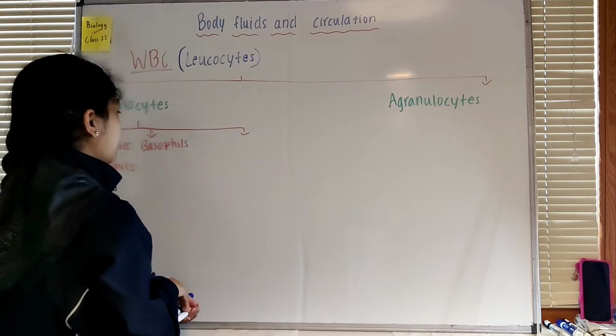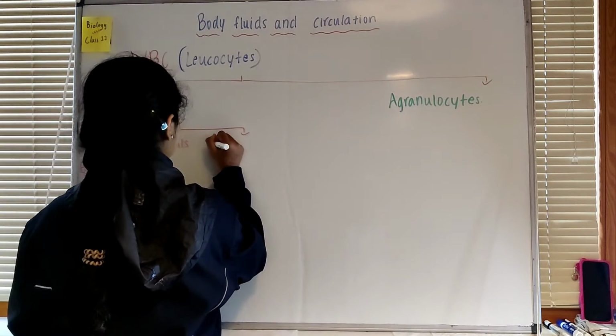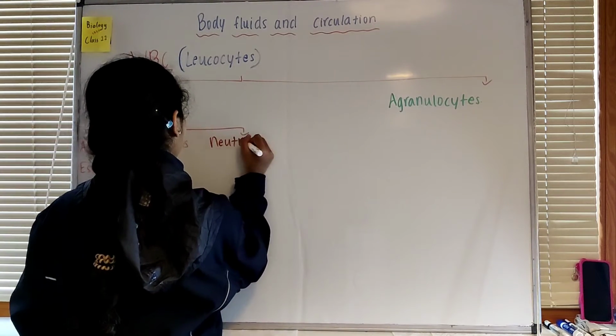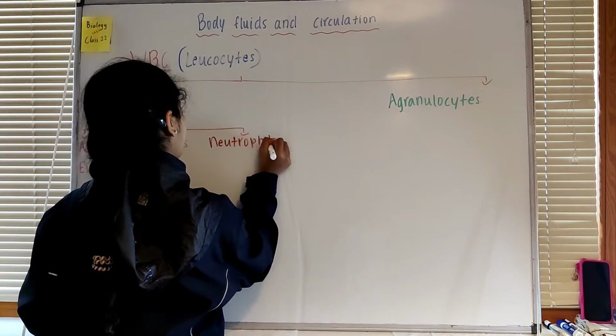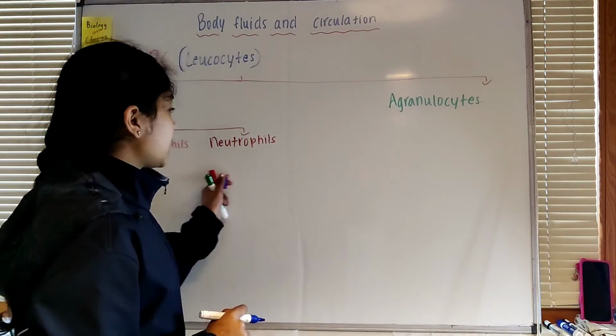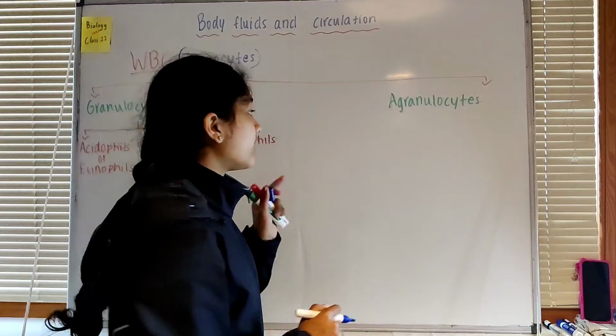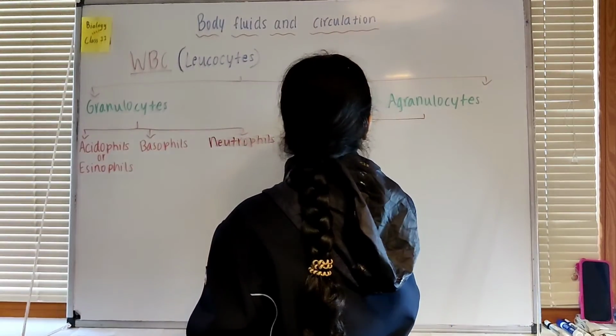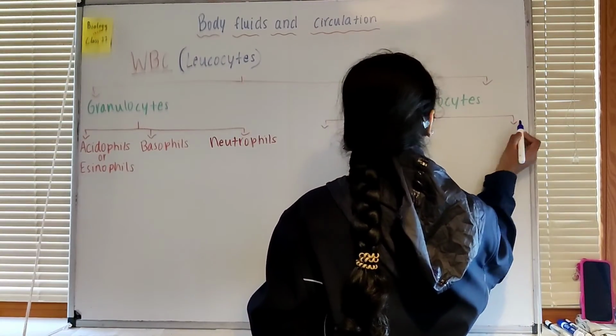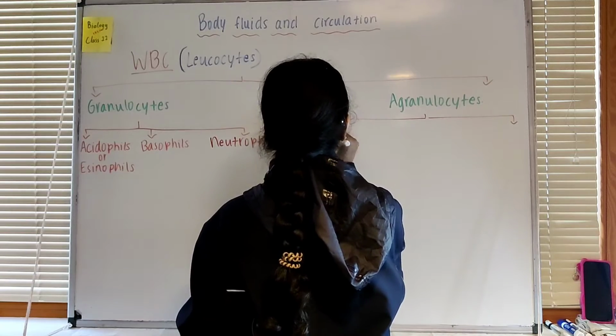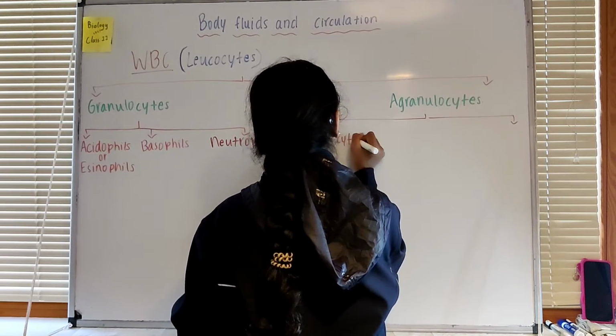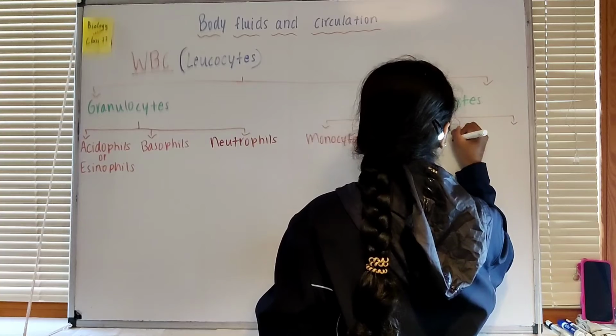The third one is what we call neutrophils. And on the same basis, agranulocytes are also divided into two categories. The first one is monocytes and lymphocytes.